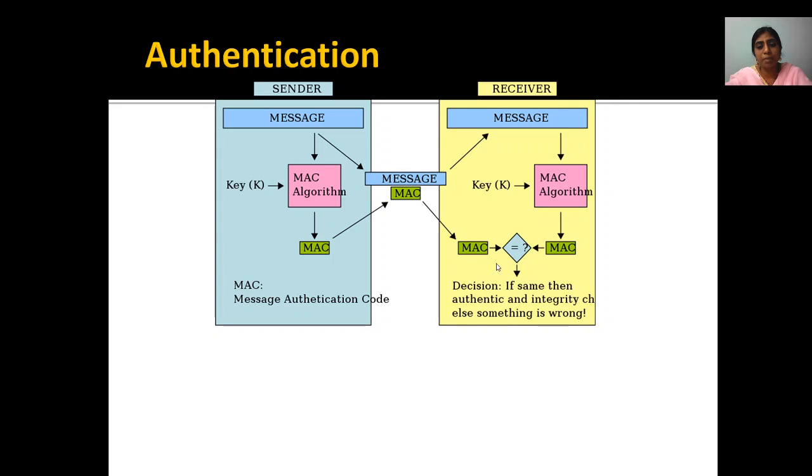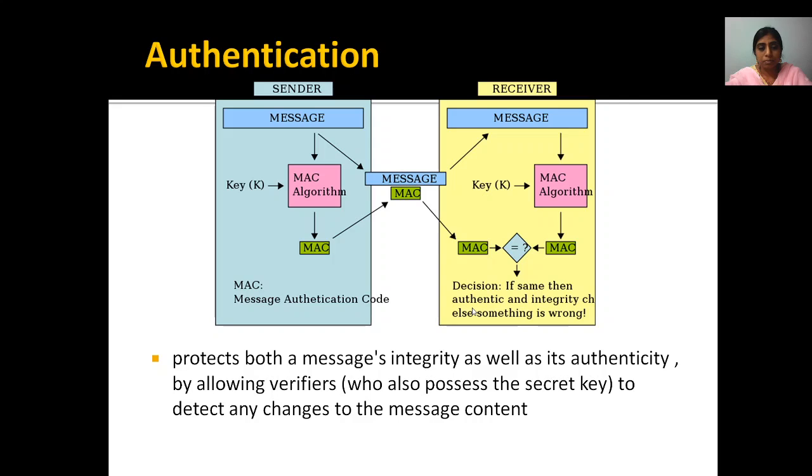If both are the same, then we have authenticity and integrity, or else we do not have the same values. So it protects message integrity as well as authenticity by allowing the verifier, who also possesses the secret key, to detect any changes in the message content.